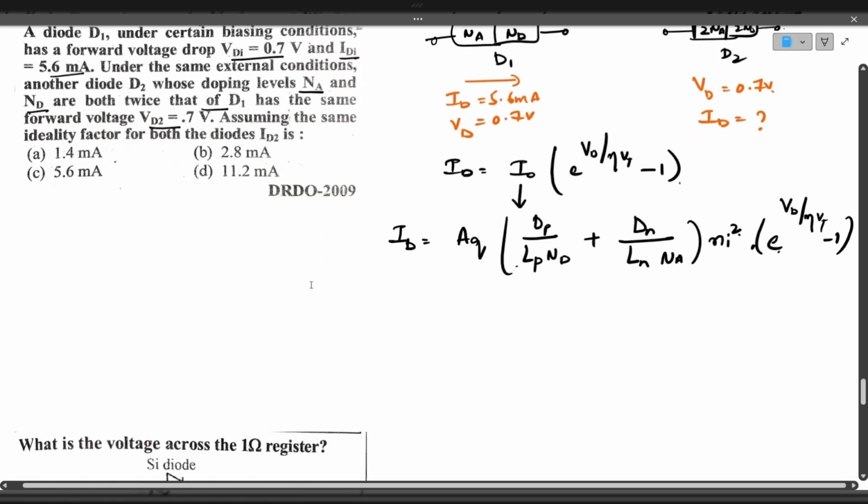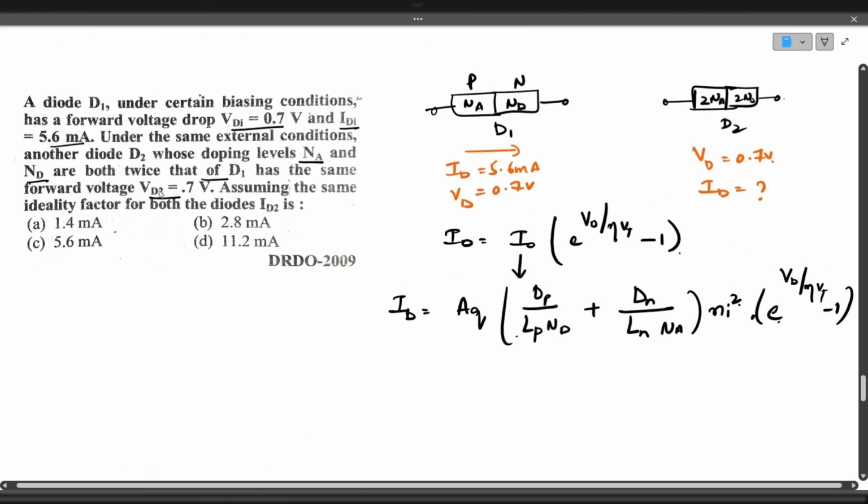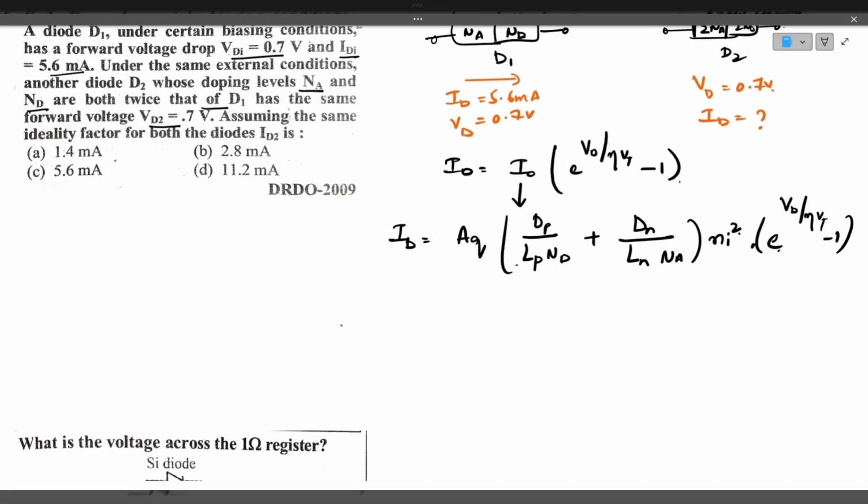Here, if you observe, he's telling all the external parameters remain the same. So if all the external parameters remain the same, this is ID1 and this is ID2. In case of ID2, he's telling Nd is equal to 2 times Nd. In case of ID2, A, Q, Dp, all these constants will remain the same. Only Nd changes.